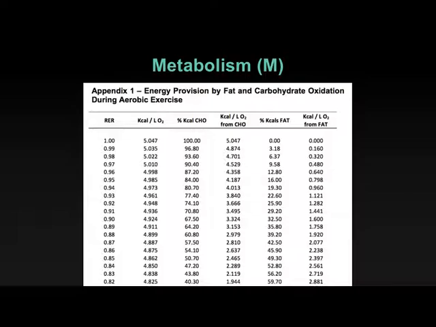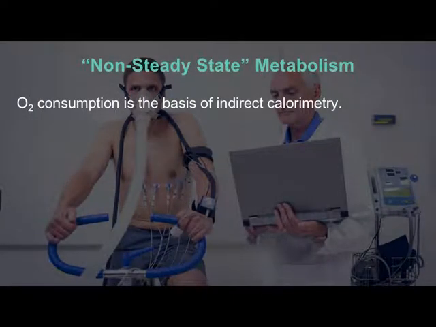Now, this next slide was sort of a rant that I had one year, and I considered removing it, but I think it's still worth mentioning briefly, especially since we highlighted, okay, it's easy to calculate metabolism if you're at steady state. If you're not at steady state, it's a little harder, right? VO2 varies.